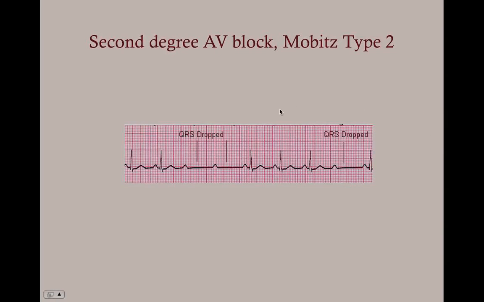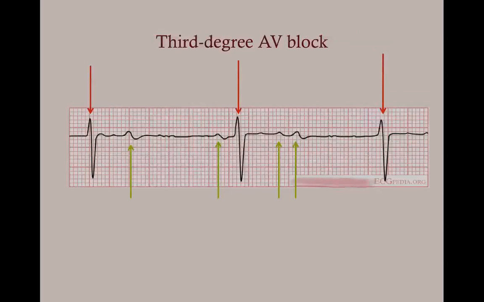And good to differentiate this from second-degree AV block Mobitz type 2. So in second-degree AV block Mobitz type 2, you're going to have a P wave before your QRS complexes, but what you also have are dropped QRS complexes. So here there are dropped QRS complexes.